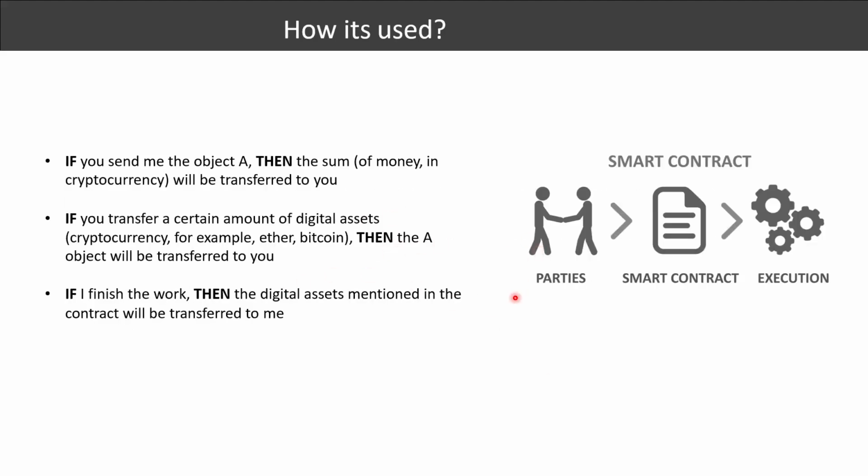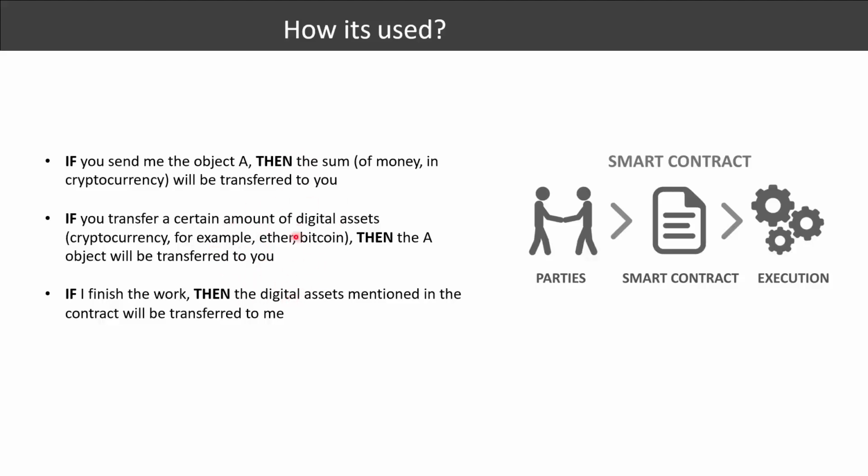And how is it used? Well, the rules can be just as simple. If a certain condition is met, money is paid from one user to another. So the cryptocurrency goes from one wallet to another wallet. And that continues till the work is finished. So we could see here, it's evaluating rules.